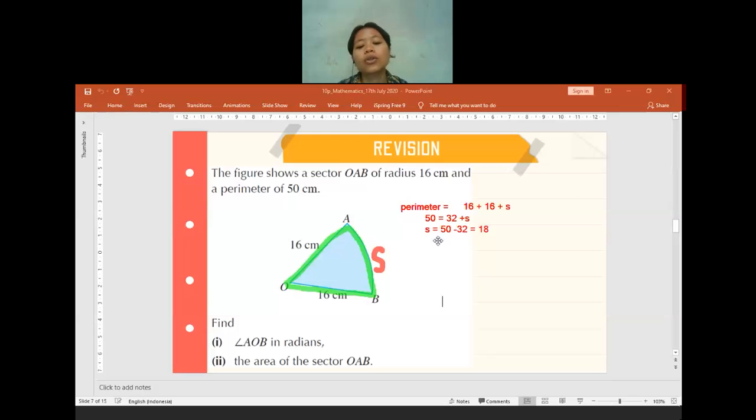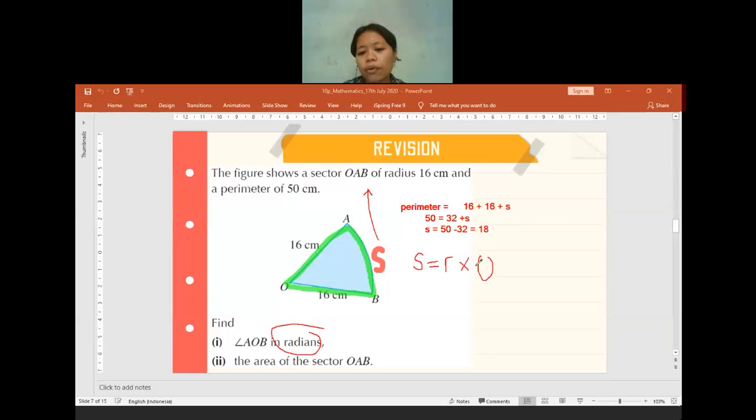Okay, no? So S is the arc length. Now let us use the formula for the arc length. When using the radian unit, the arc length is S equals R times theta.